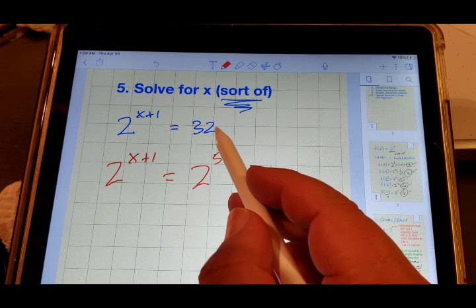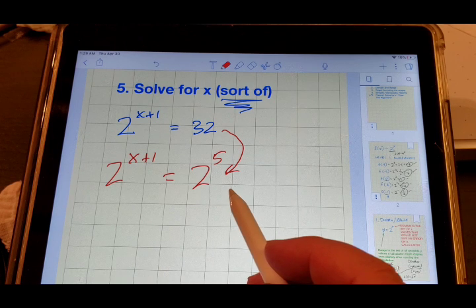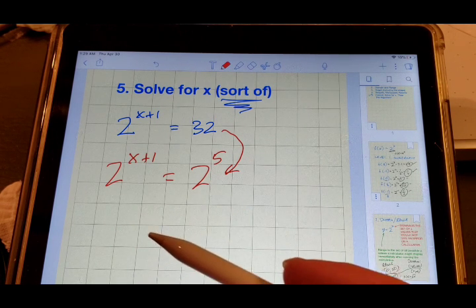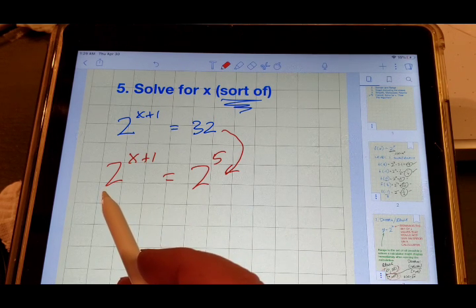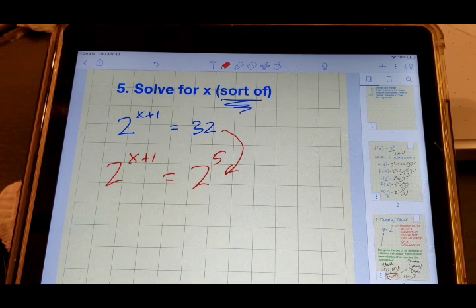In other words, if that were a 30 instead of a 32, I couldn't do this. And if this were something other than a 2, if it were a 3, it wouldn't help to get a 3 on this side and a 2 on that side. So these numbers had to be hand-picked for this idea. And what's the idea?